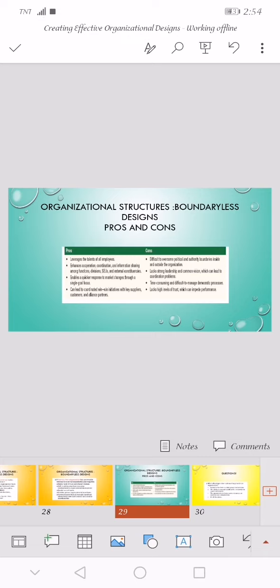Third, enables a quicker response to market changes through a single goal focus. Fourth, can lead to coordinated win-win initiatives with key suppliers, customers, and alliance partners.